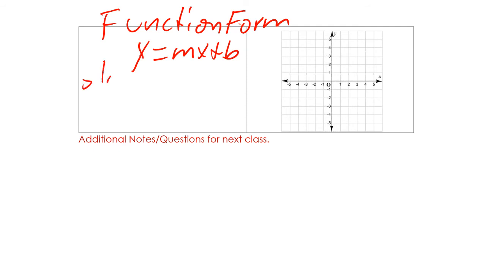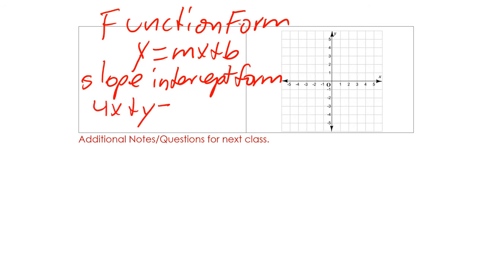This is called slope-intercept form. Slope is one of the key ideas in Algebra 1. You can pick any number you want to plug in for x and figure out what y is, and there are infinite solutions. Let's say we had 4x plus y equals negative 10.